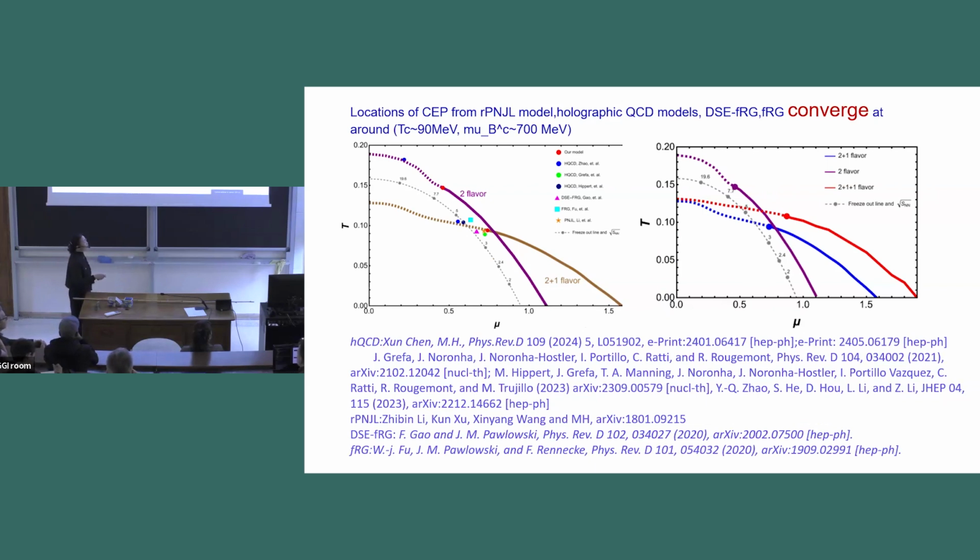If we only focus on the 2+1 flavor case, these points are for 2+1 flavors. These are from FRG and also from the RPNG model and also from holographic QCD models from different groups.